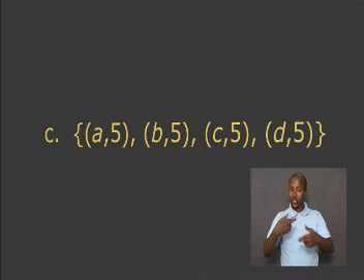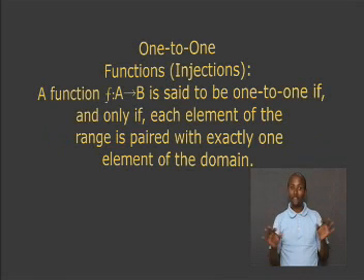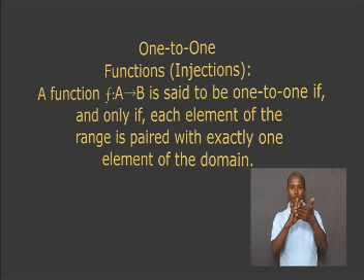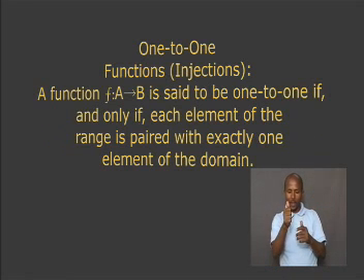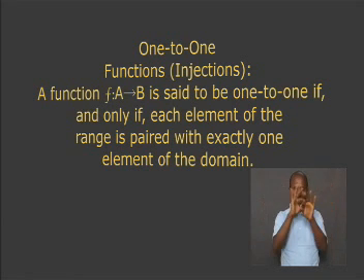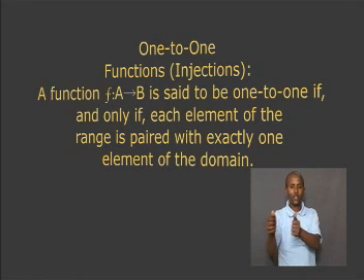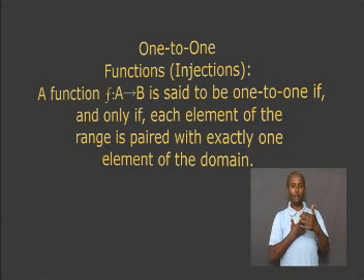Relation C pairs every element of the domain with the integer 5. So it is certainly not a one-to-one function. A function f from A to B is said to be one-to-one if and only if each element of the range is paired with exactly one element of the domain.